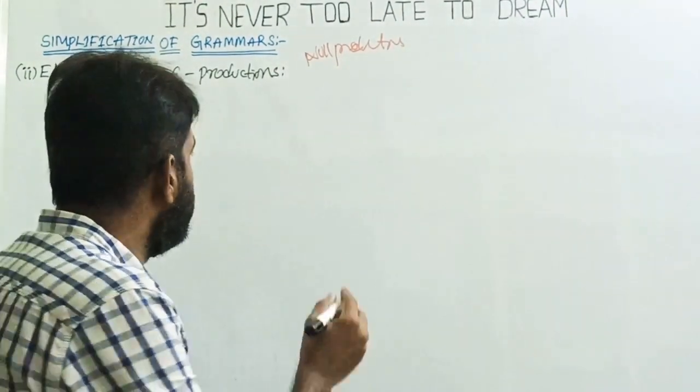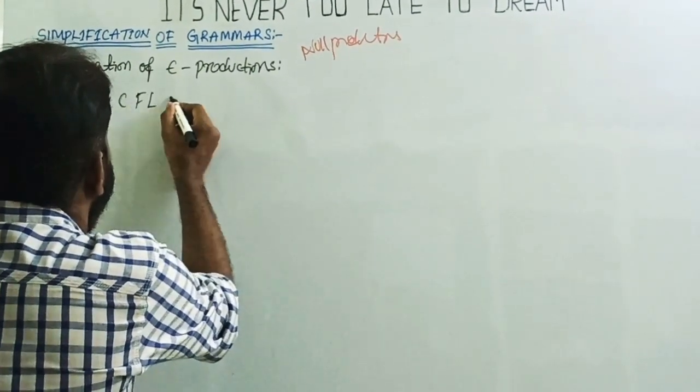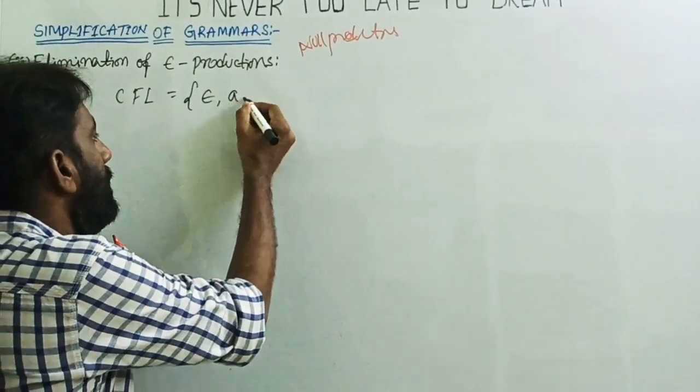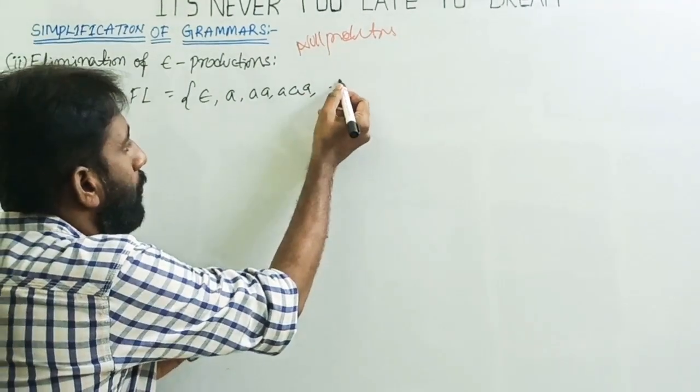For example, there is a context free language, CFL, equal to the strings epsilon, a, 2 a's, 3 a's and so on.